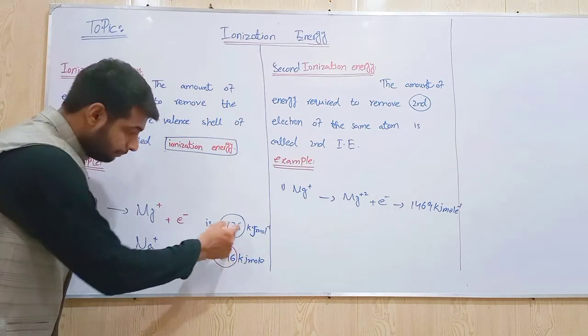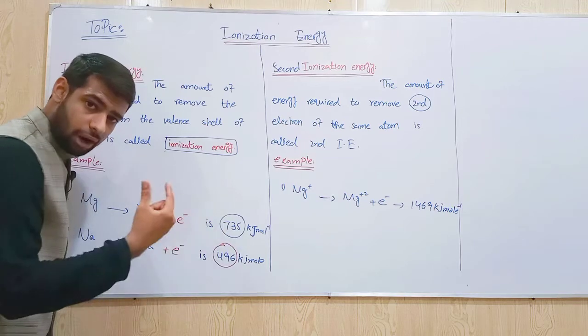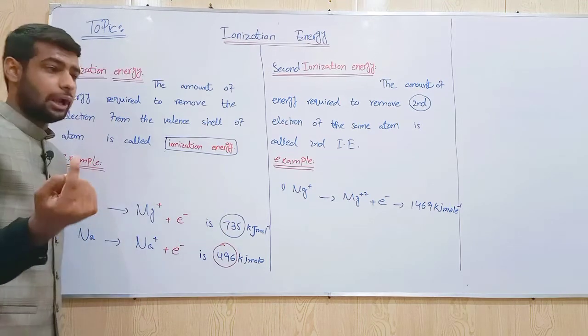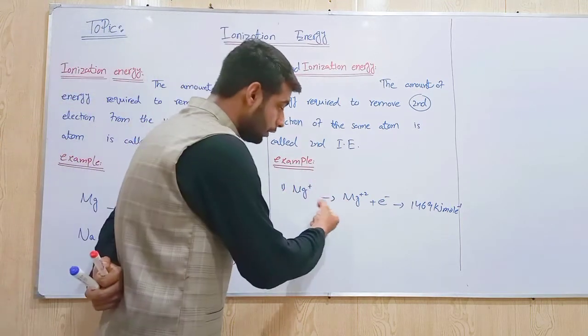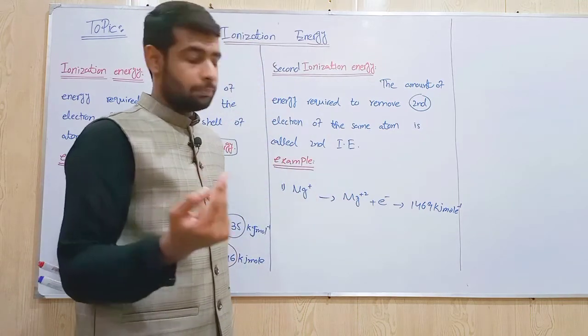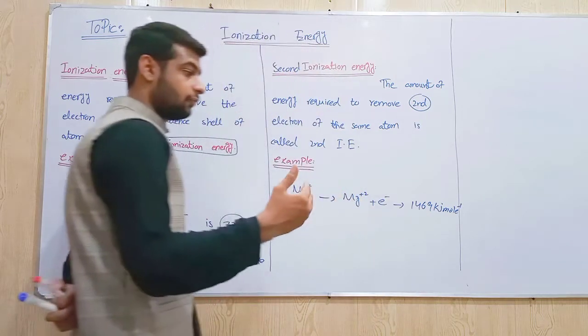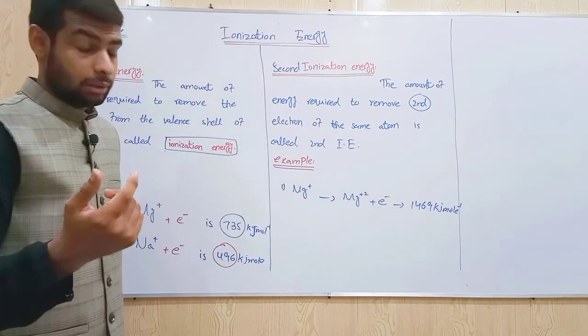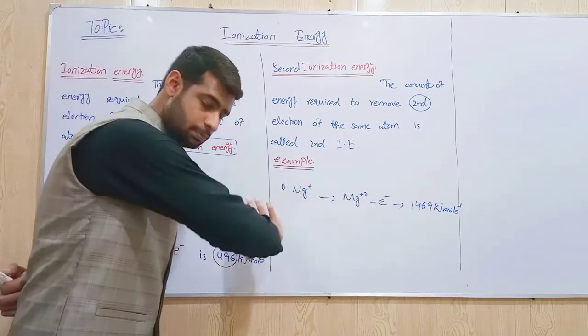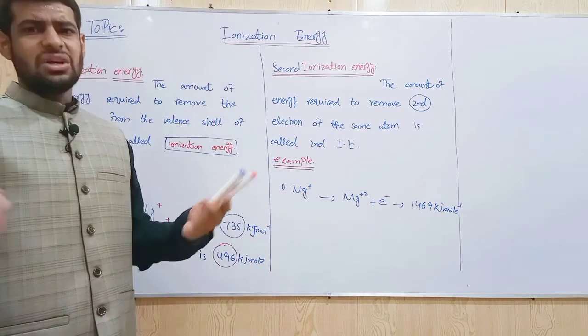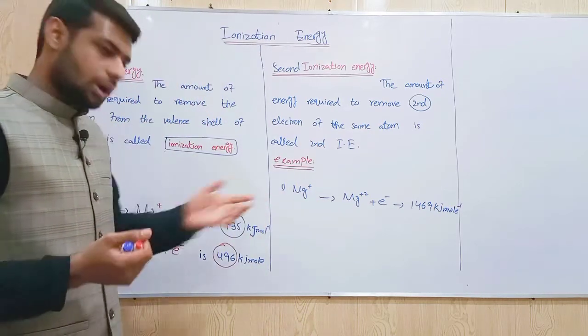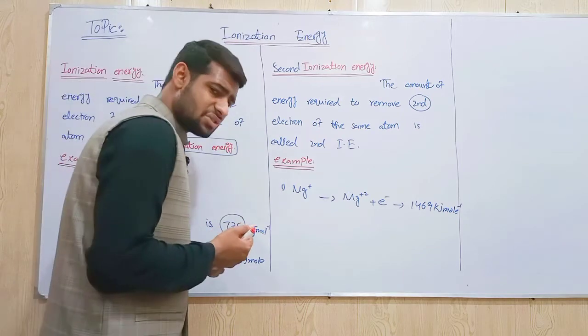Now we see it is 735 to remove the first electron, but when we remove the second electron from the same atom, we require 1469 kilojoule per mole. It is a huge difference between them. What is the reason? I will discuss this reason.